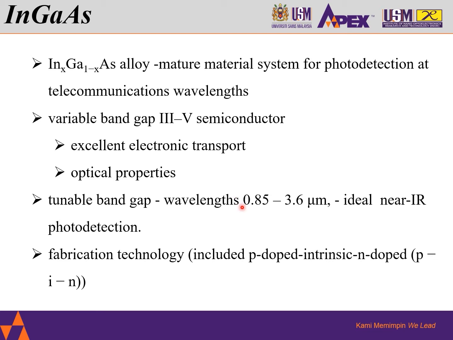The bandgap can be tuned for wavelengths of 0.85 to 3.6 micrometers, making it ideal for near-infrared photodetection. The development of indium gallium arsenide fabrication technology includes various PD structures, including p-doped, intrinsic, and n-doped, PIN.